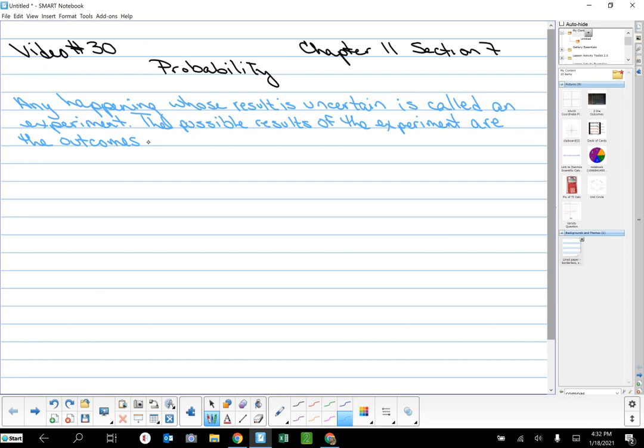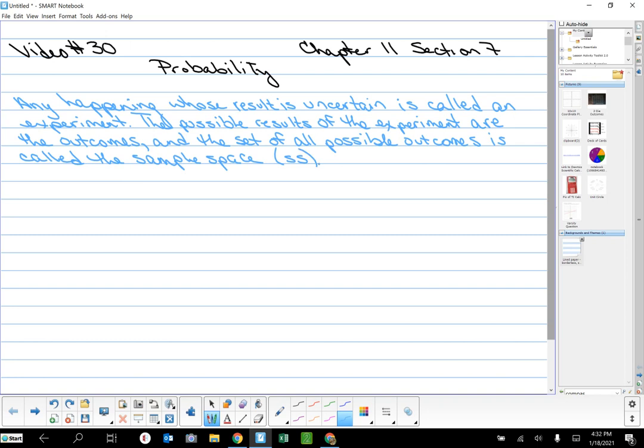And the set of all possible outcomes is called the sample space. Which going forward in this section, I will abbreviate as SS.